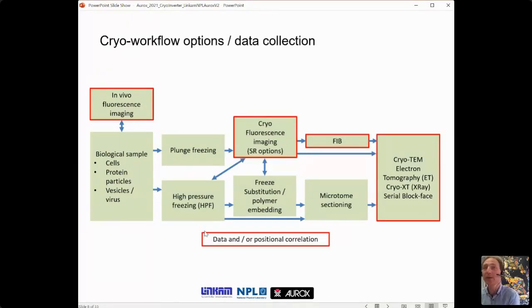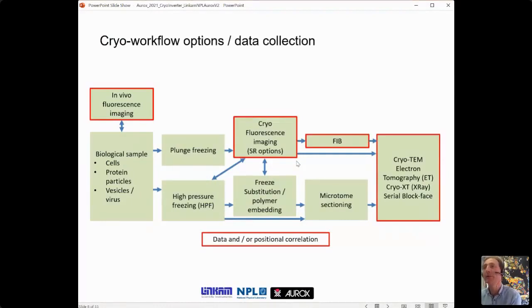Plunge freezing is typically used for single cell layers, single cells or particles. You would then normally follow with cryo-fluorescence to inspect the sample after freezing, and also to map your sample and be able to locate it easily and quickly.